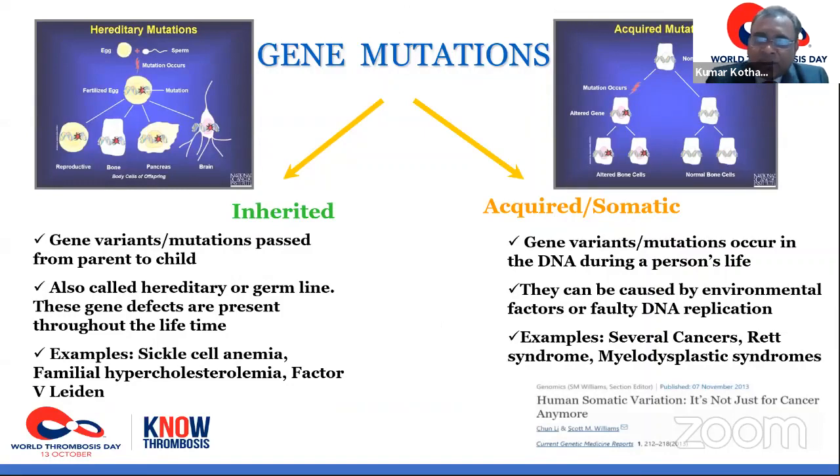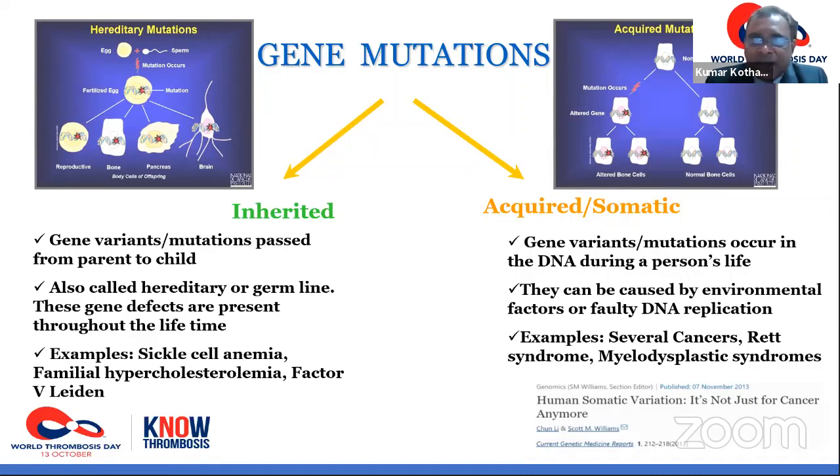We say that DNA has 3 billion bases, but what happens if there is a mismatch in any part of our gene? It can cause inherited genetic diseases, and in some specialized conditions like cancers, we see a lot of somatic variations.